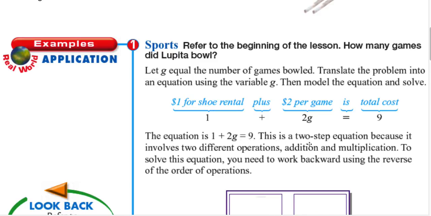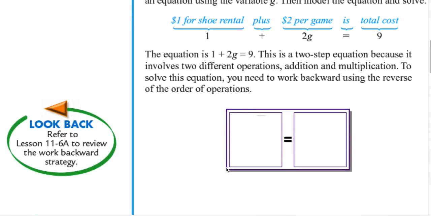This is what we call a two-step equation because it involves two different operations, addition and multiplication, or basically two steps to solve this equation. To solve this equation, you need to work backward using the reverse of the order of operations.